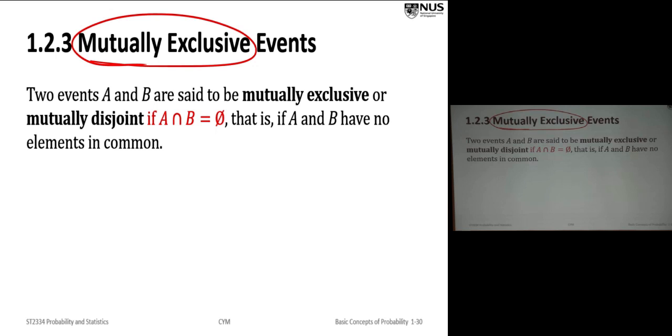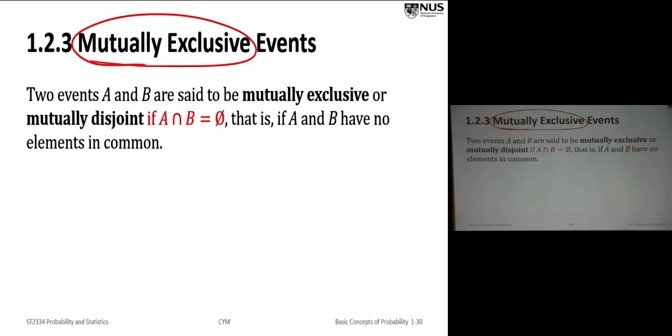Mutually exclusive events. So what is a mutually exclusive event? By the way, when you do all these computations, make sure that you understand the definitions. Things are not based on your intuition, but on the definition.